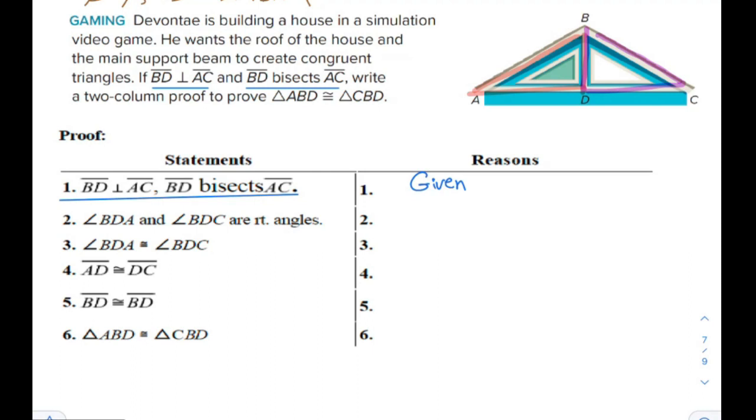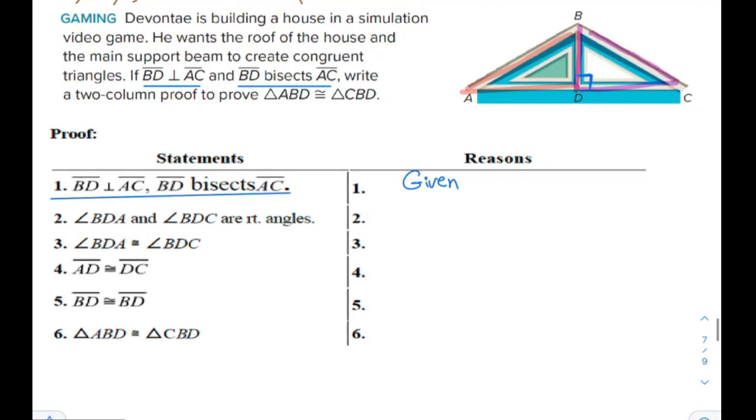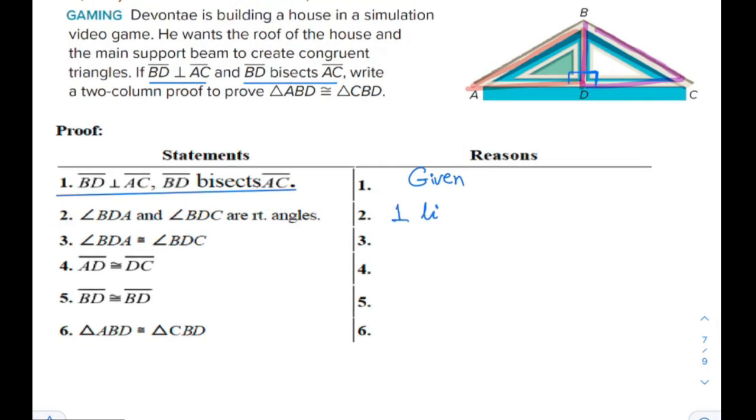If you know that BD is perpendicular to AC, I mean the whole one, that means a right angle will be formed. So here we will know that the angles BDA and BDC are right angles. What is the reason? Perpendicular lines form right angles, in short form.